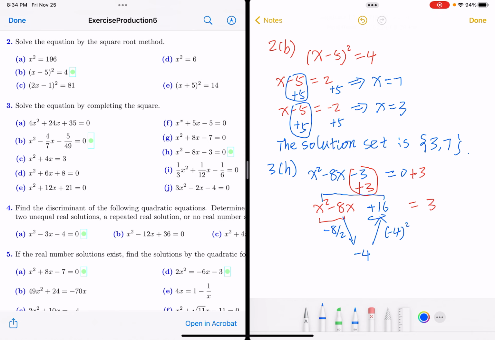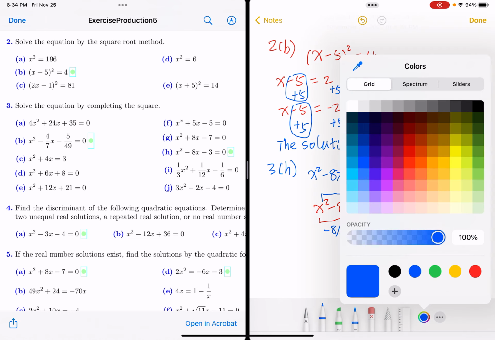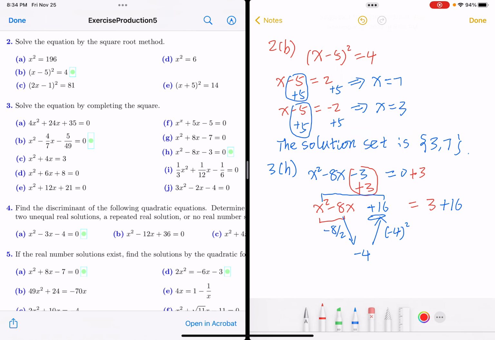When we add 16 on the left, on the right-hand side we need also 16. And then the complete square we get will be (x - 4) squared. This 4 is the constant in the bracket. And the right-hand side is the sum of these two, 19.